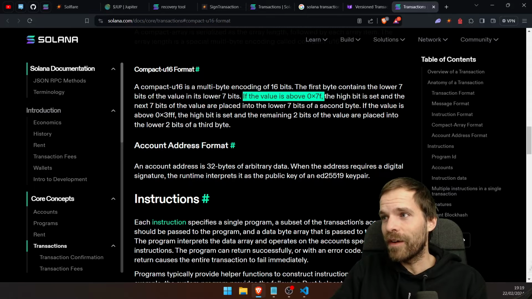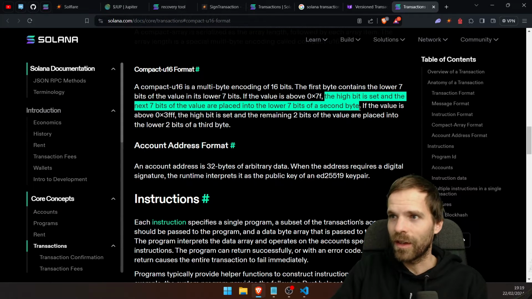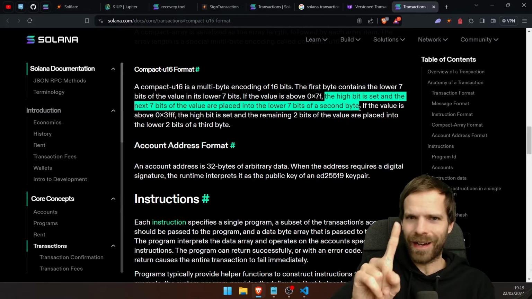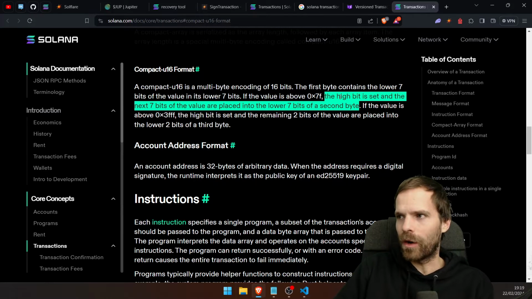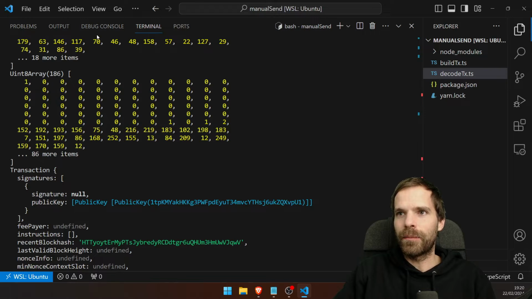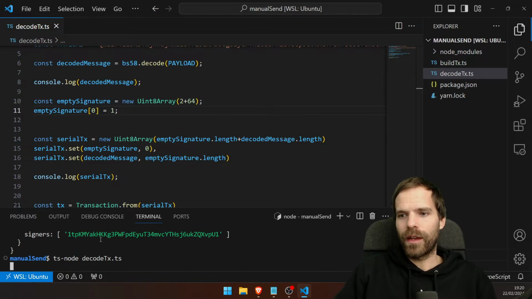If the value is above that, the high bit is set and the next 7 bits are placed into the lower 7 bits of the second byte. But that doesn't matter because it's just 1, below 2 to the power of 7, so I'm fine. I can just write the 1, but the main thing I messed up is that 16 bits are 2 bytes and not 4. So, try that again.